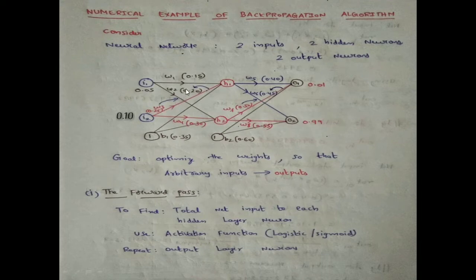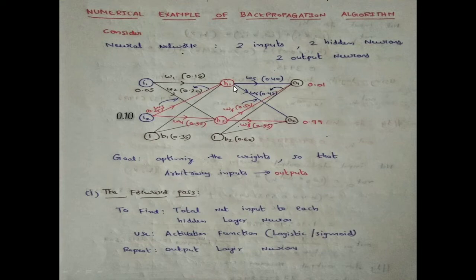This line from input node I2 to H1 has weight W2, which is 0.20, and this line from input node I1 to hidden neuron H2 is W3, which is 0.25. The line from input node I2 to hidden neuron H2 has weight W4, 0.30.